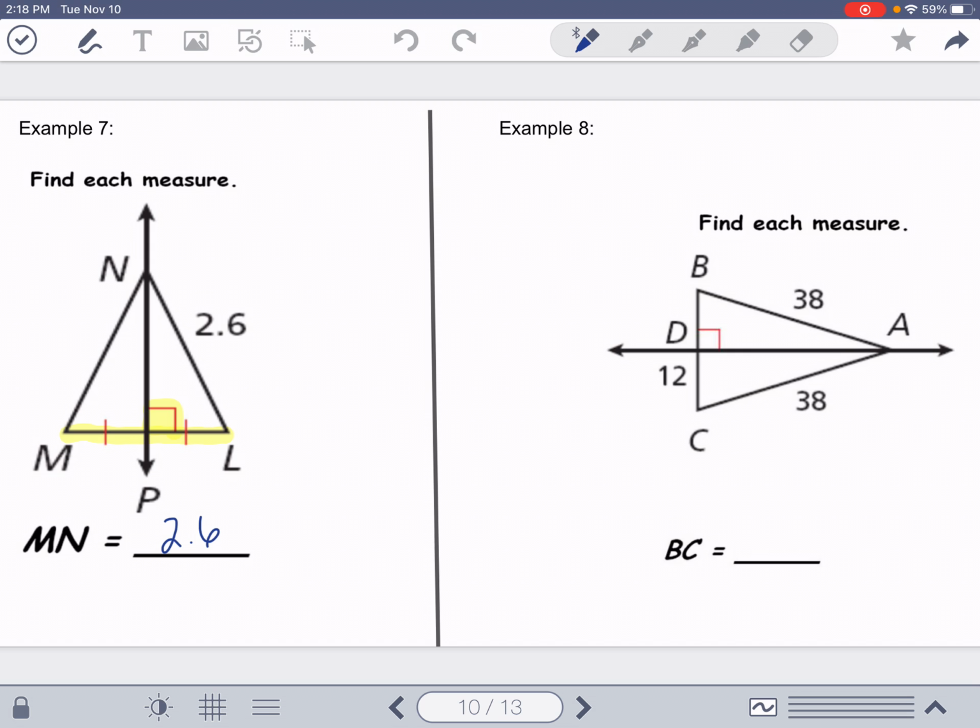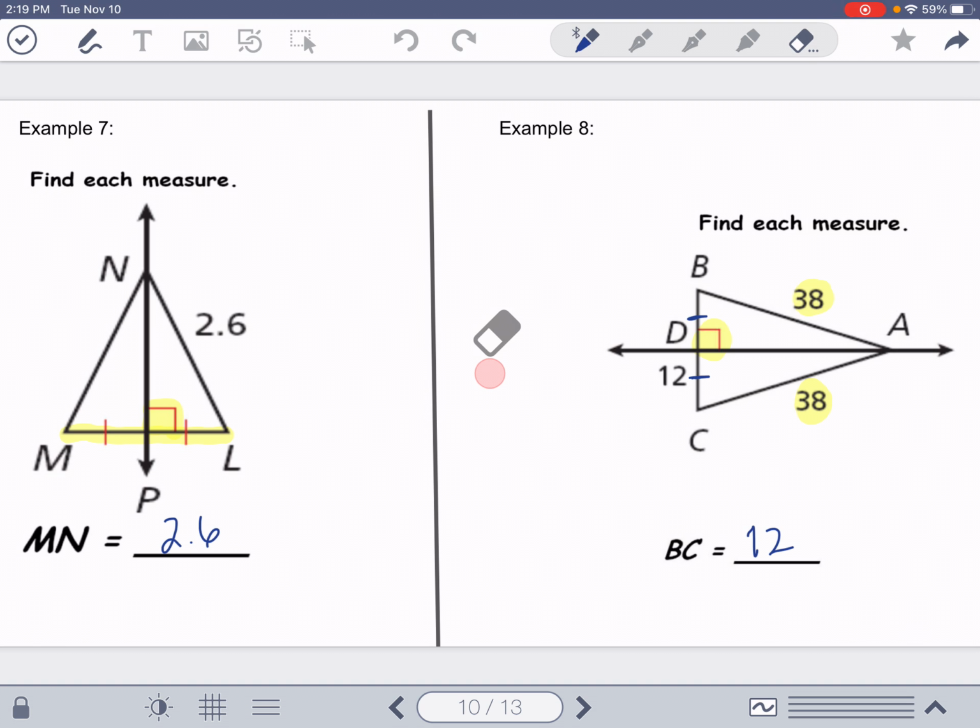All right, I got the same setup in example 8. I've got a 38 and a 38, and I've got a perpendicular. That means that BD and DC are going to be the same length. So, I'm about to make a mistake. I wrote 12, but 12 is wrong. How do I know 12 is wrong?